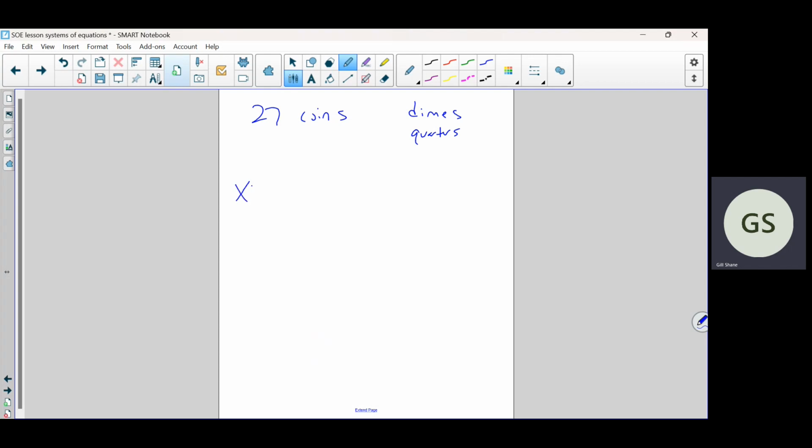They don't tell me that X has to be dimes or X has to be quarters. So I could make either one, whatever I want. I'm just going to say, how many dimes? Why? I'm writing exactly what the question is. That's all you do for the variable.